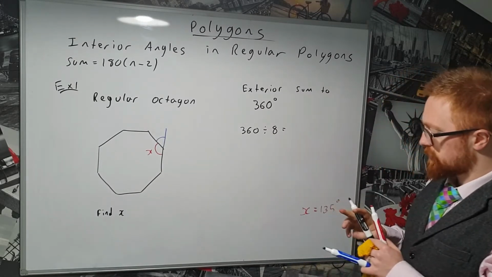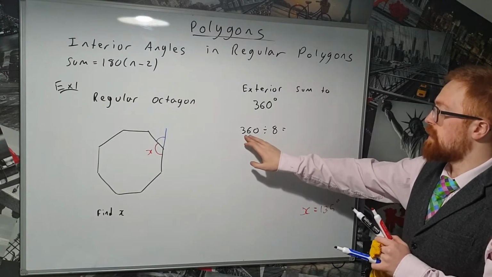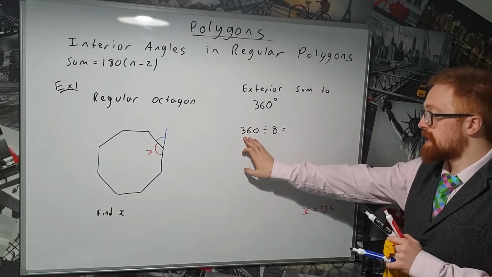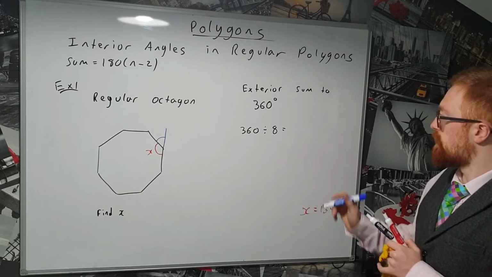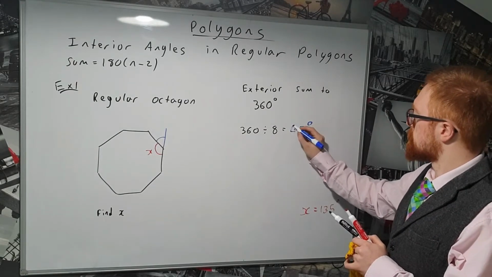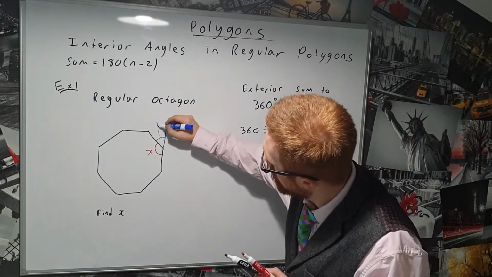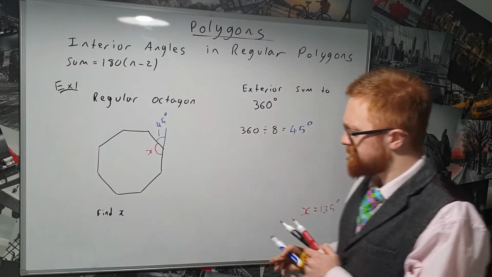So I'm going to do 360 divided by 8. And again, the easiest way to do that is to half it 3 times. So half of 360 is 180, half of that is 90, half of that is 45 degrees. Okay, so I know that this angle here is 45 degrees.